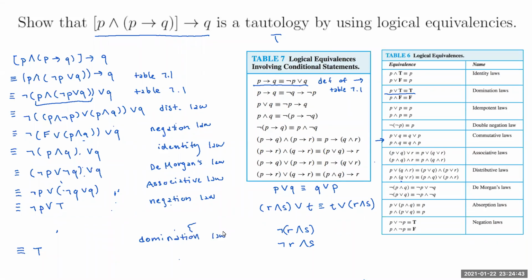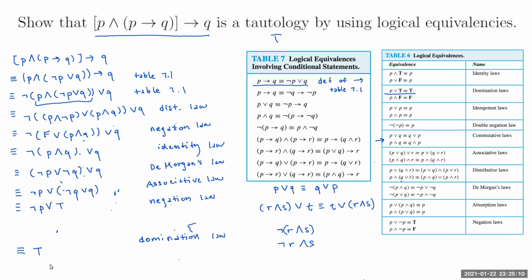And so we see that through these logical equivalences, we were able to deduce from this first expression the final value of true at the very end. Notice that we went one step at a time. For logical equivalence proofs, it's very important to never skip any steps, generally on exams or on your homework.